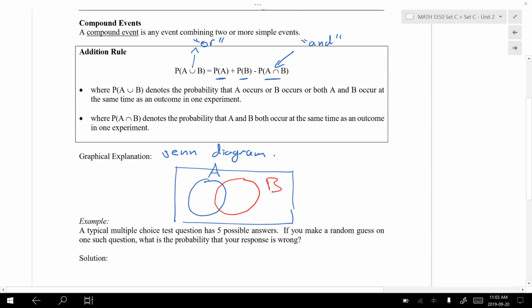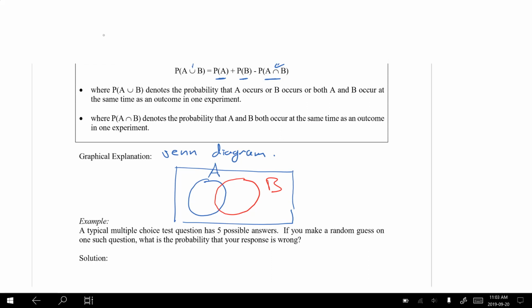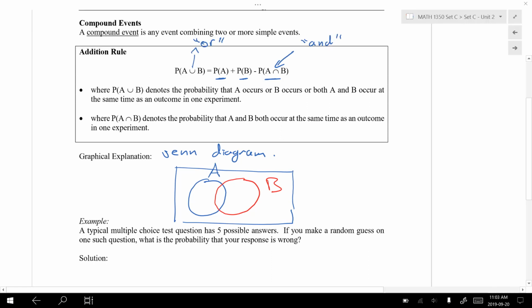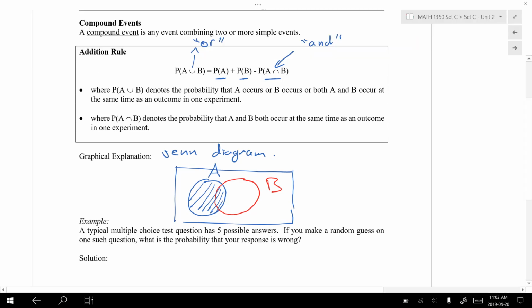So there's A and there's B. If we were to think about all of the possibilities for A, that would be all of this. So the probability of A is all the stuff inside A. The probability for B is all the stuff inside B.